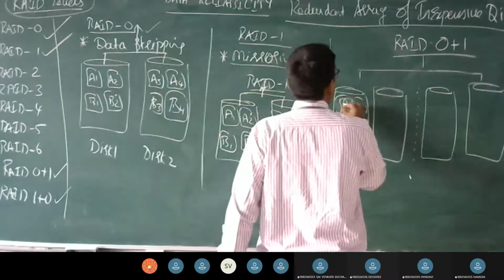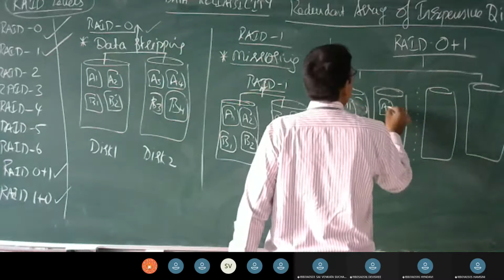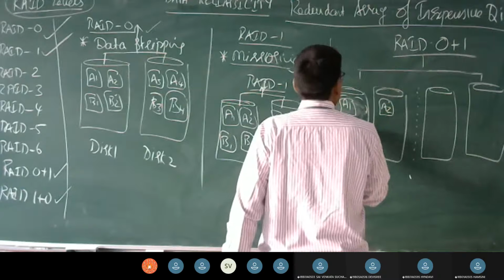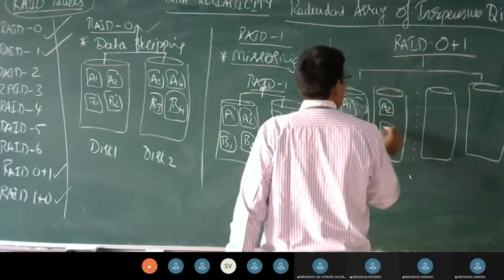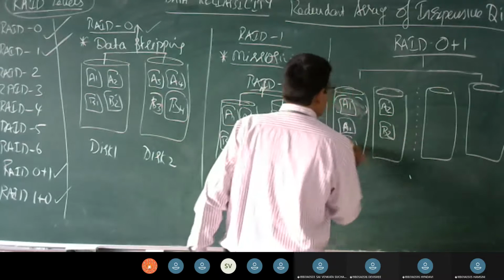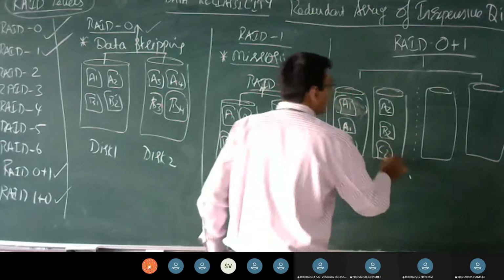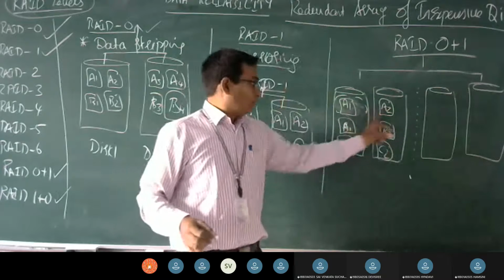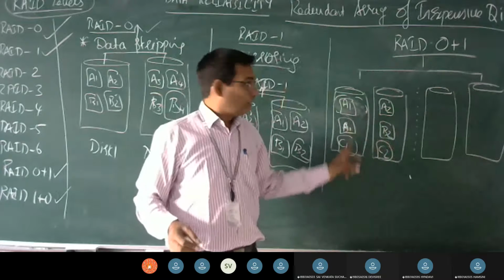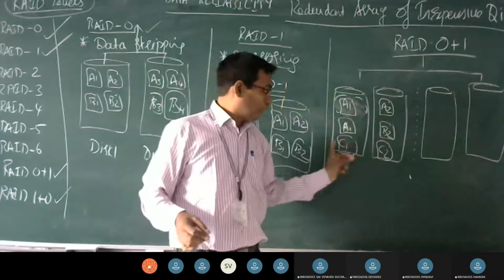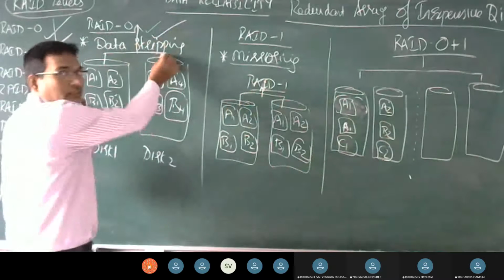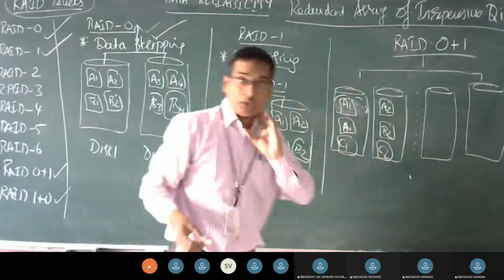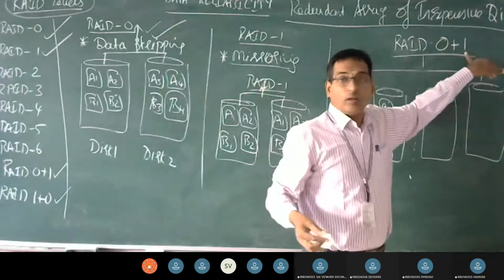A1, A2, B1, B2, C1 and C2. These bits are going to be striped, right? A1, A2, B1, B2, C1, C2. Then it obeys striping. Then what should it do?